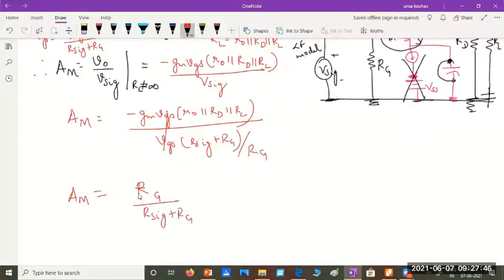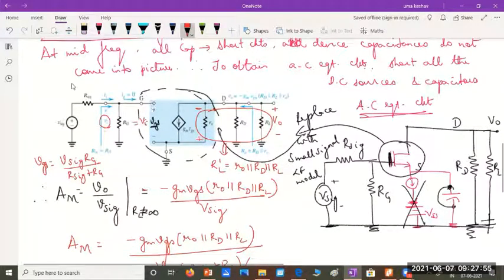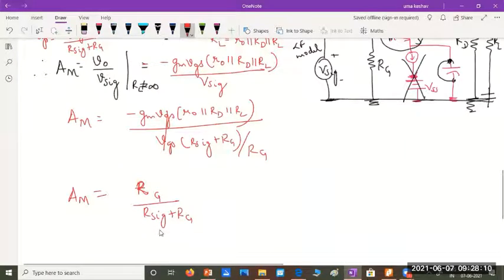You remember, this is the standard solution. Whenever there is a biasing resistance, the voltage which appears at the input side of the amplifier will not be the same as the signal generator voltage that is supplied. So it gets divided between the signal generator internal resistance and the biasing resistance, given by this ratio, into minus gm into ro parallel RD parallel RL.